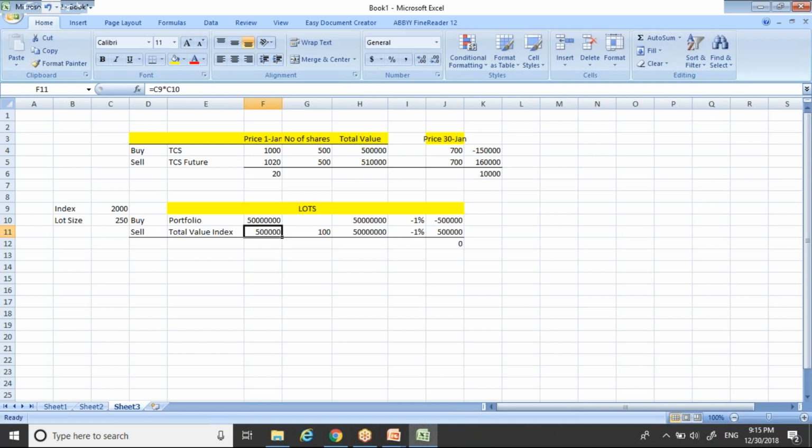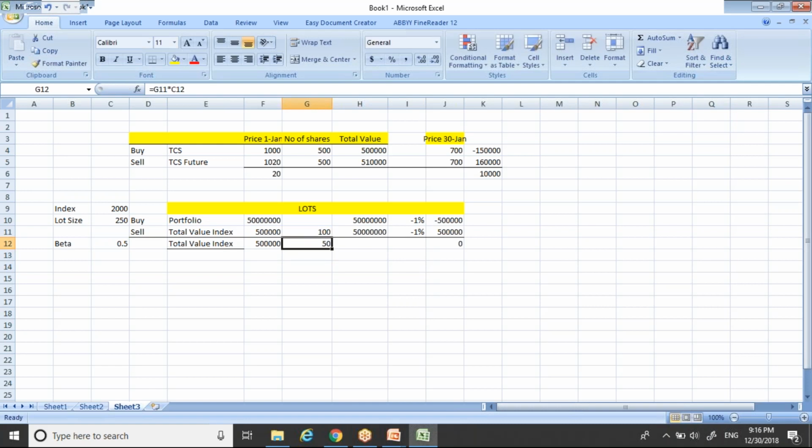So what we do here is we simply reduce the lot sizes. Let's suppose we have a beta of 0.5. Whatever the lot size is, we multiply it with the beta.